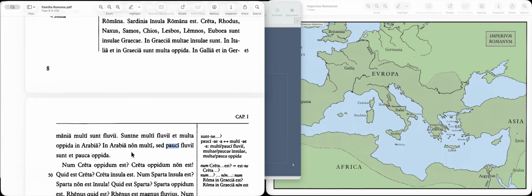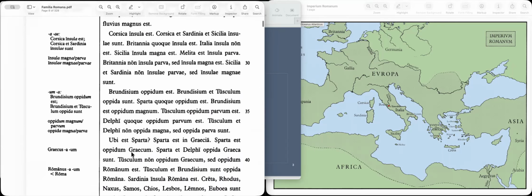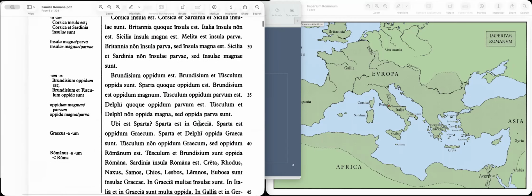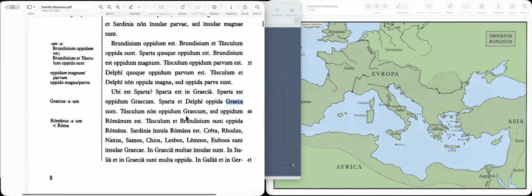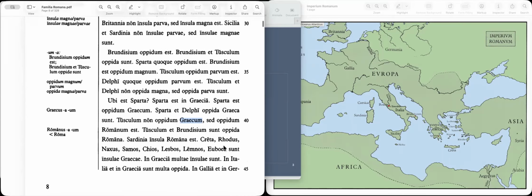But that aside, excellent. That was done very well. So just watch out for the change. See, Graecia, Graecum, Graeca, etc. But I'm impressed. Very good.